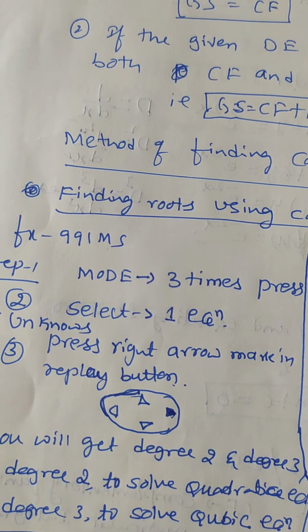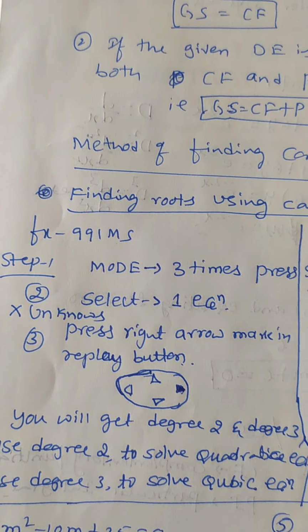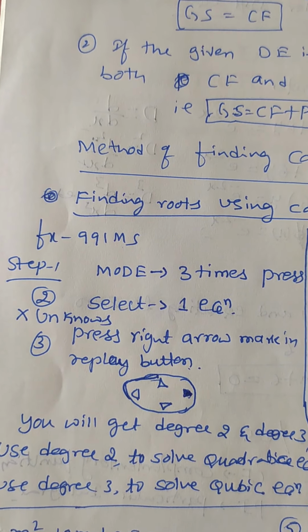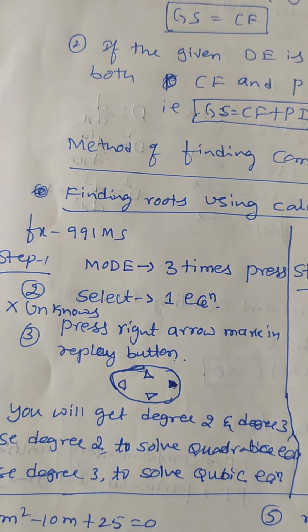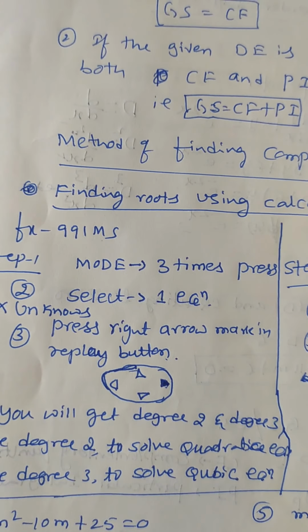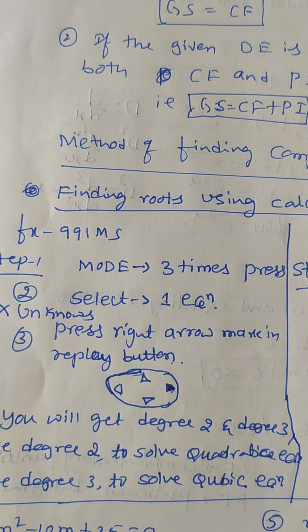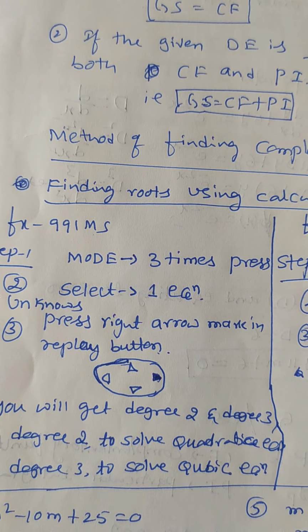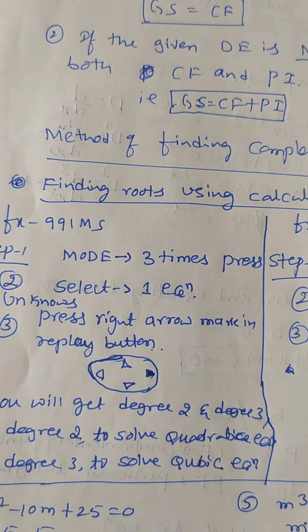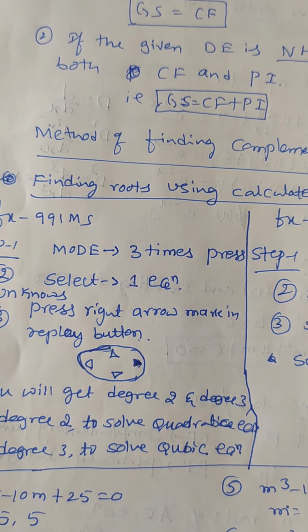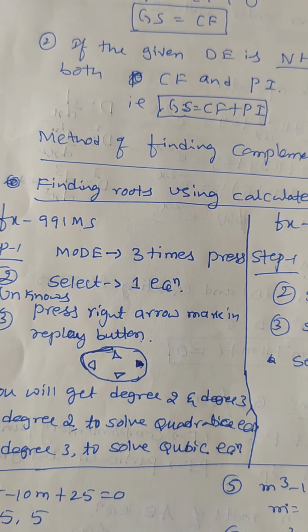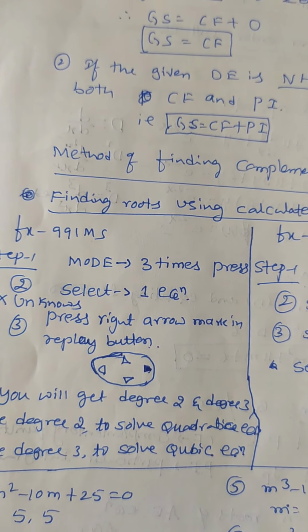Now I will explain how to find the roots using 991 MS. See, in 991 MS, press the mode button 3 times. Then we get equation, vector and matrix. Okay, we are going to solve equation.